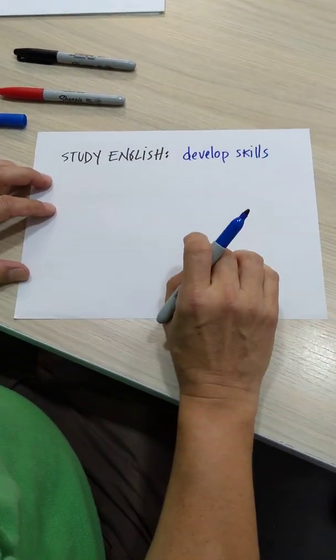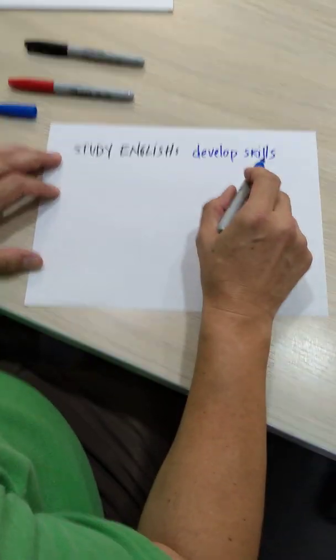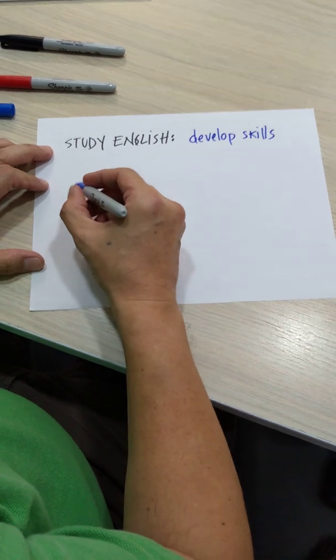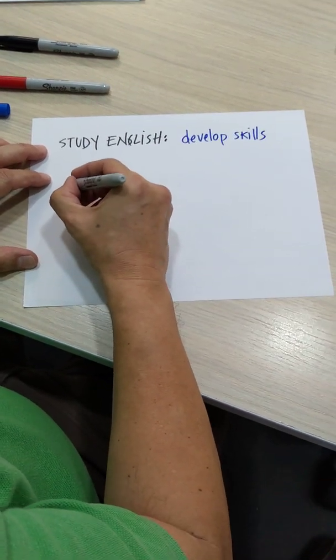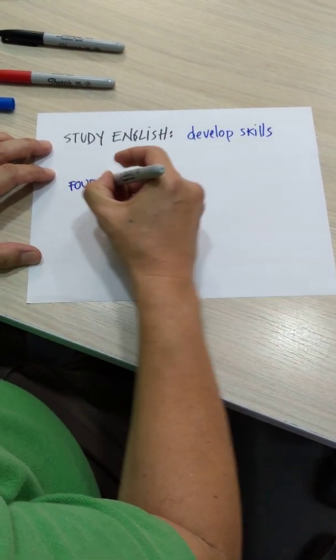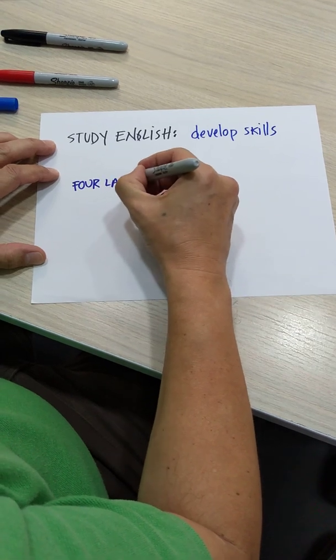Usually I explain the words develop and skills, like abilities, and I tell them that there are four language skills that they have to develop.